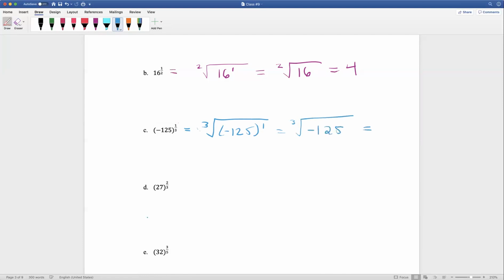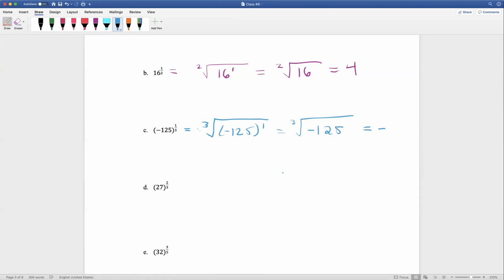And now we need to think about what number, if we multiply it by itself 3 times, gives us negative 125. First of all, I hope you can tell that it has to be negative, because a negative times a negative times a negative is a negative. Again, we start with 3. Negative 3 times negative 3 times negative 3 would be negative 27, so that's too small.